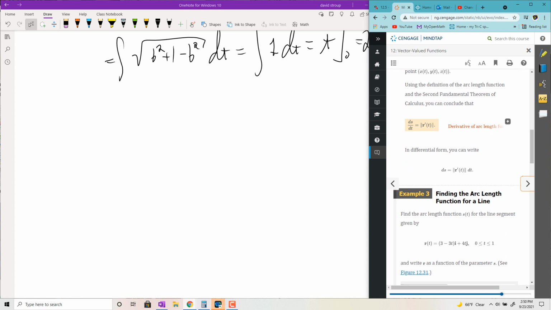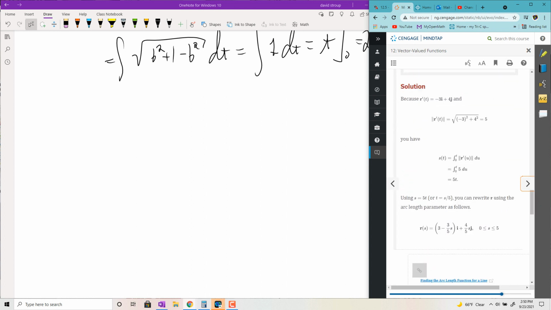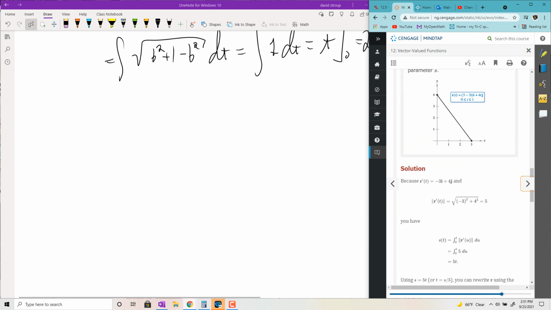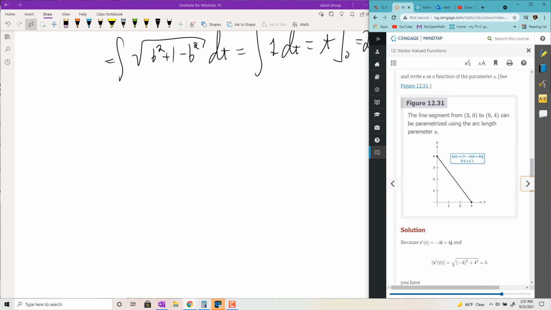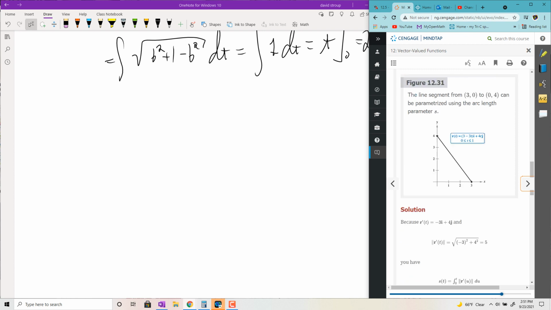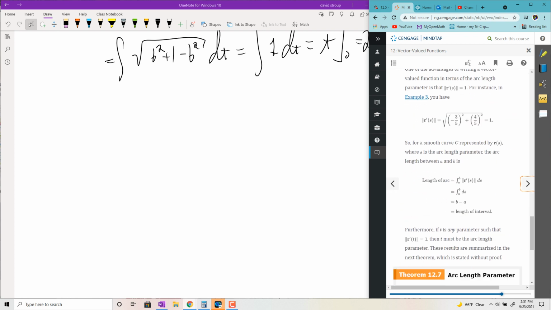It also makes some of these integrals easier if your formula is in terms of arc length. The inside of the integrand is just going to be 1. So the magnitude of the derivative of the position function with regards to arc length will always be 1. You see that right here on the right. And then if you integrate, you just end up with the length of the interval.